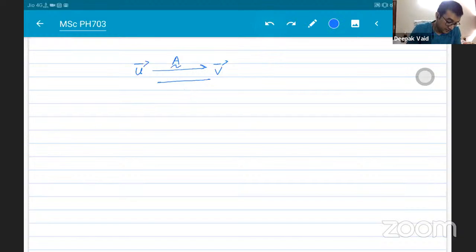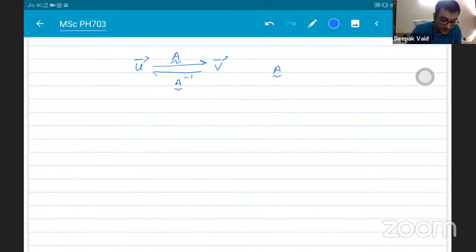Okay. My vectors are not drawn very well. Okay. And what is this A? This A is what we refer to as an operator.